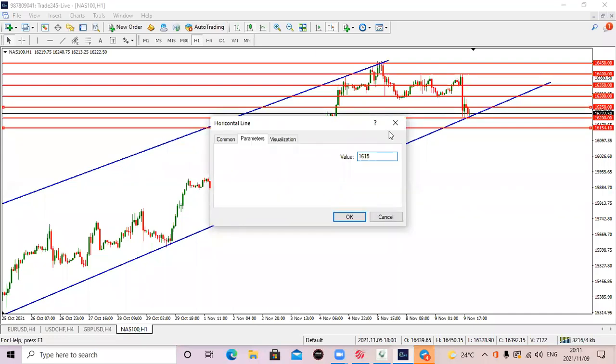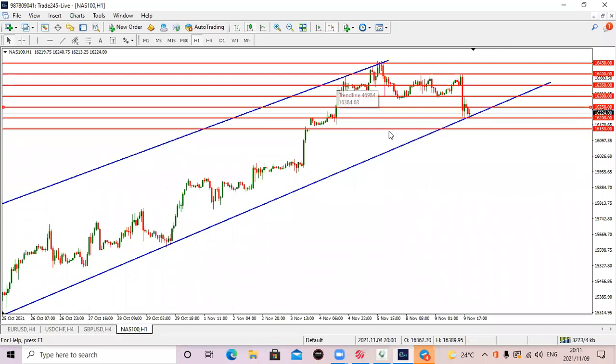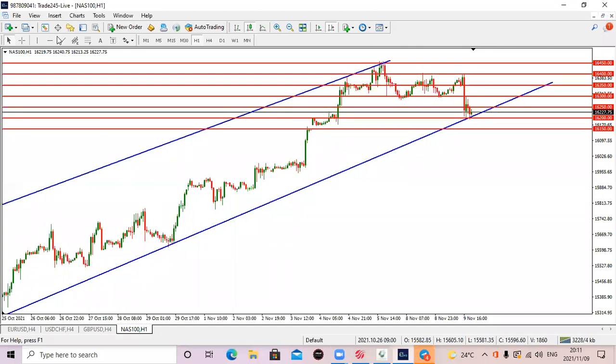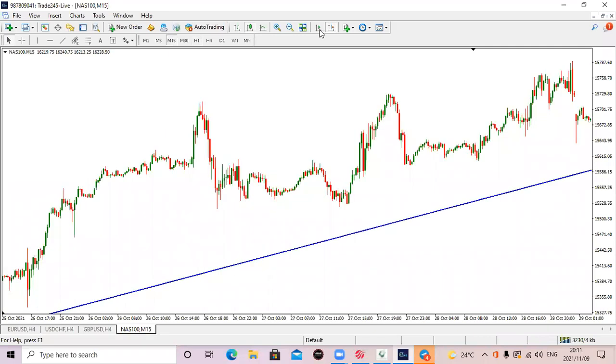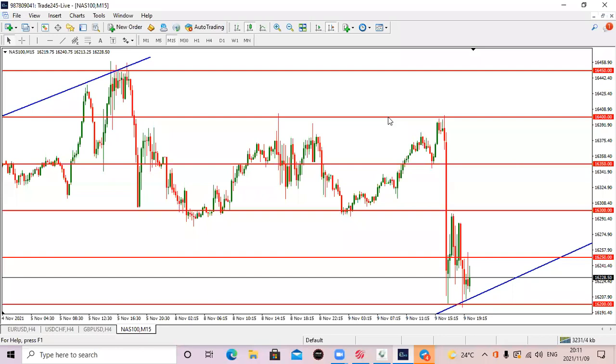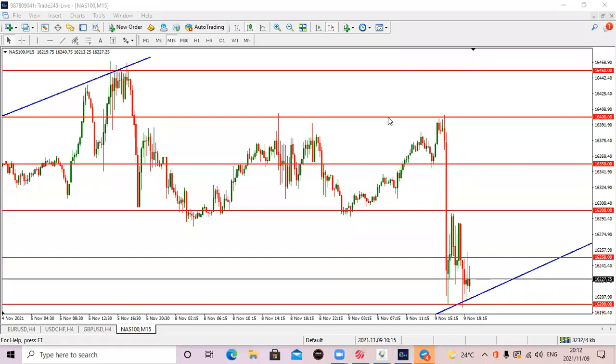We have that 50. Then after this, you make sure you turn your chart into a 15 minutes. That's our last step that we're doing. So this is it, guys. This is where we get all our entries.